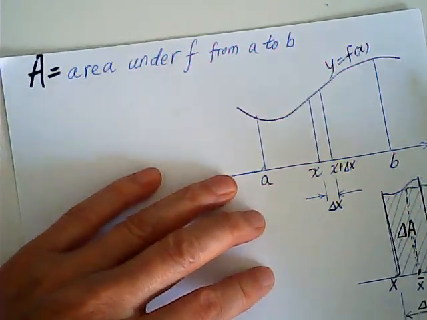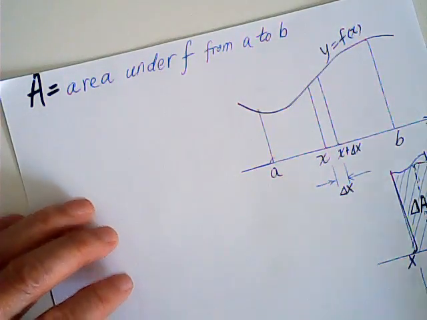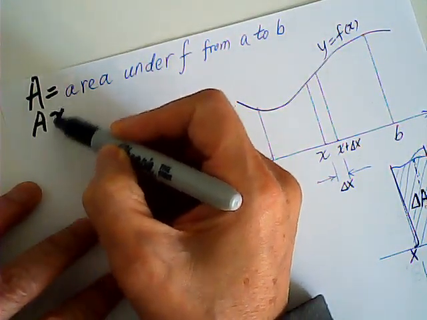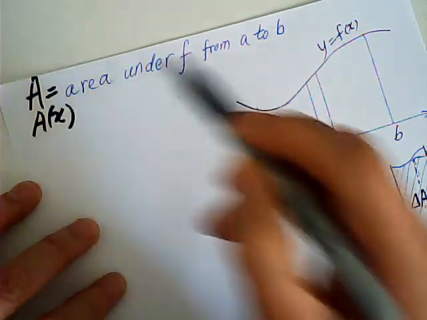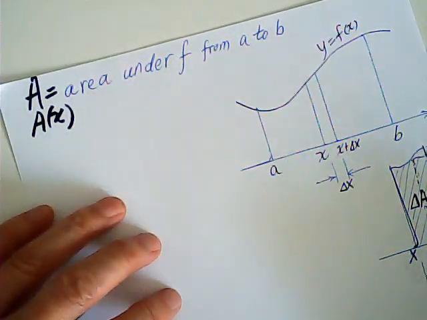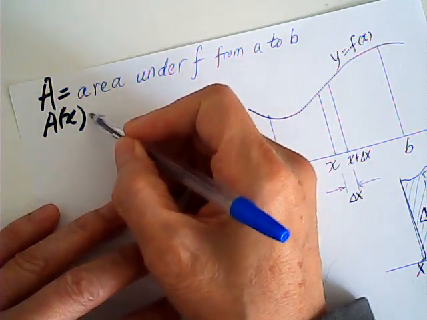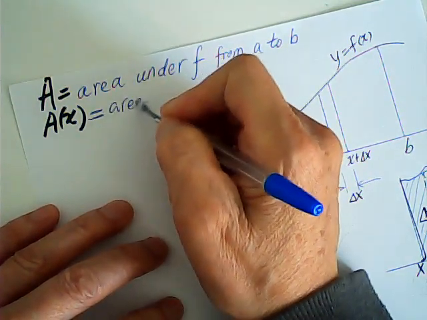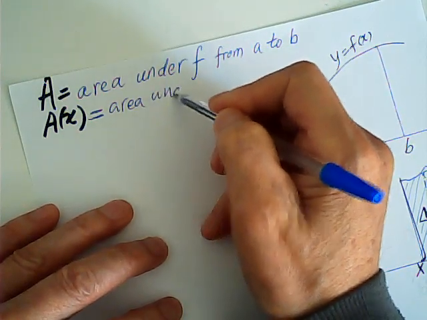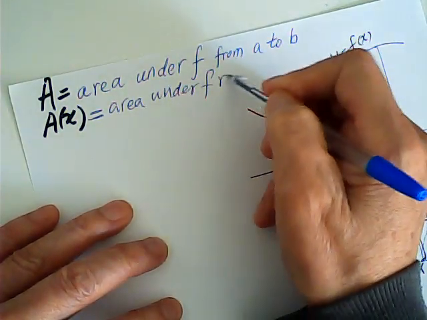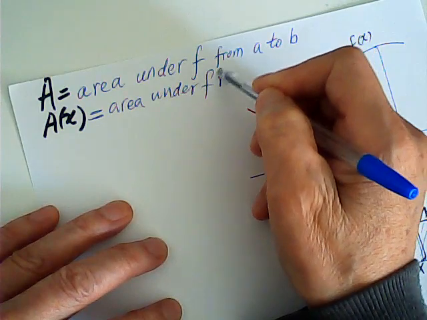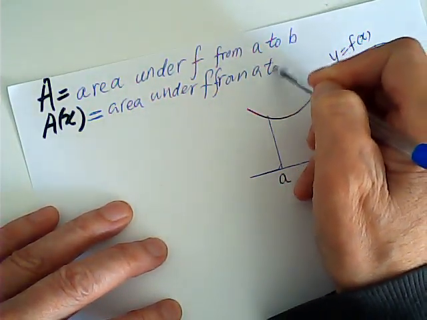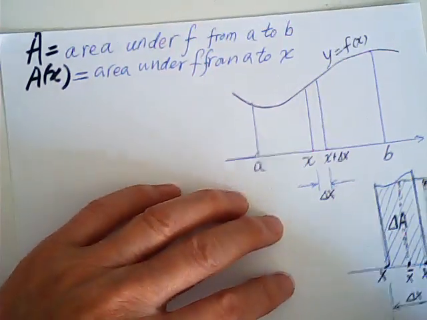Now, how do we start? First, I define a function A of x. A of x is the area under f from a to x.